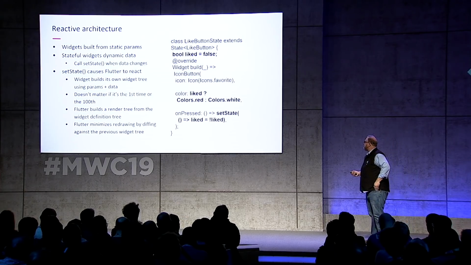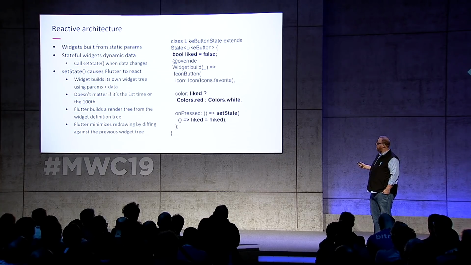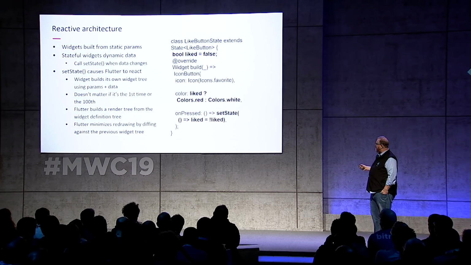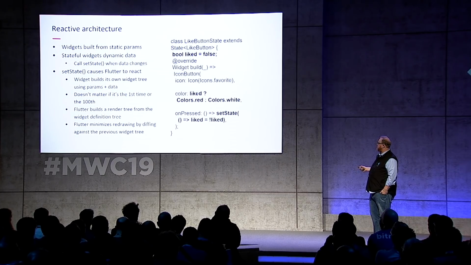All we do when we're going to change some state, for example, here we've got a like button, and we've got, is that button currently liked or not? And then when we have our build method, which provides this widget of components that make up this button, when we set the color, is it liked, red, or white? Okay?